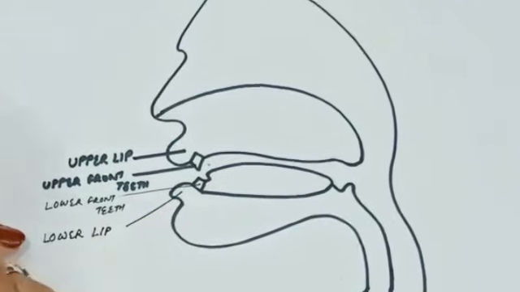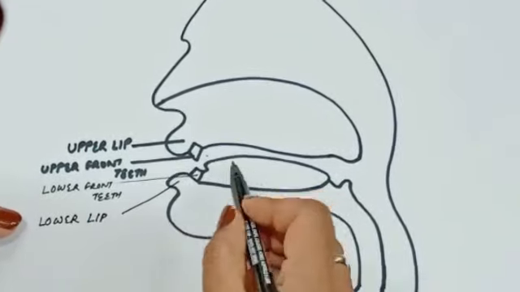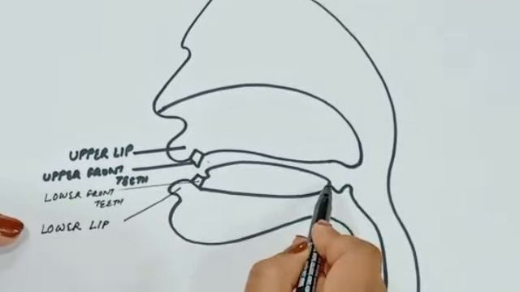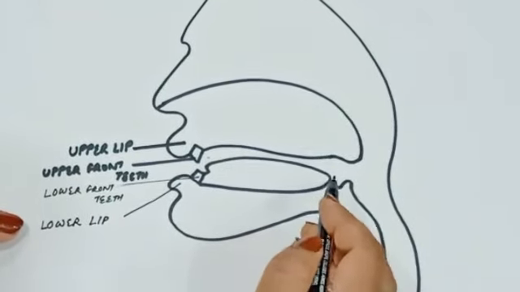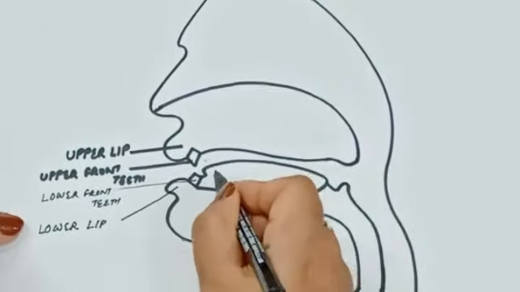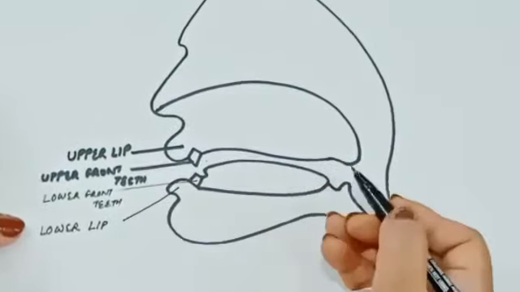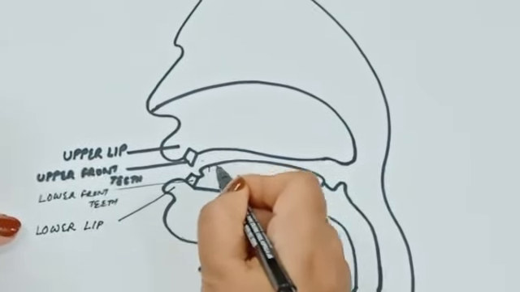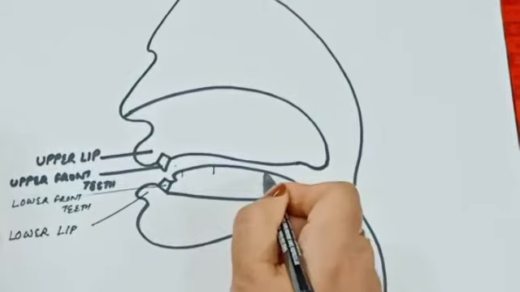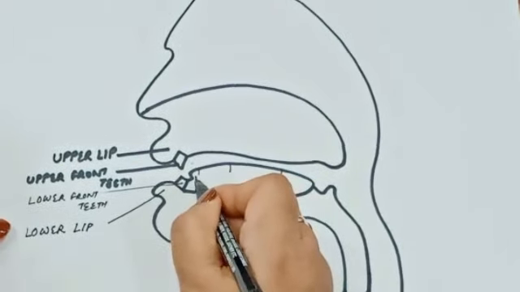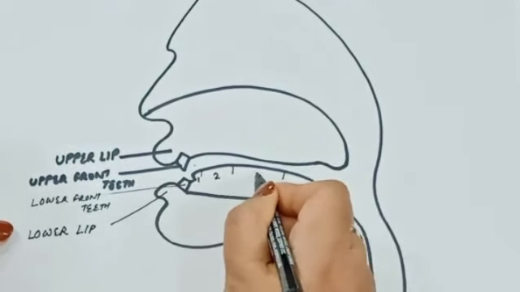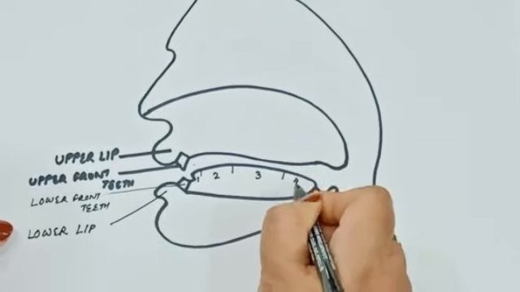This is the chin, but we are more concerned about the tongue, which plays a major role in all speech. For the purpose of phonetics, we normally divide the tongue into 4 major parts, and here I am naming them 1, 2, 3 and 4. So we can always label it like this.